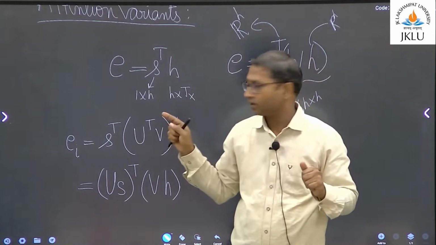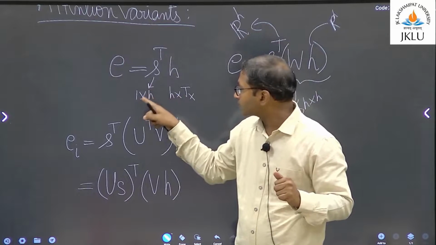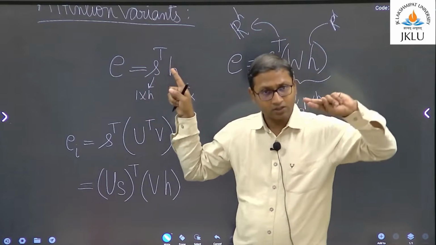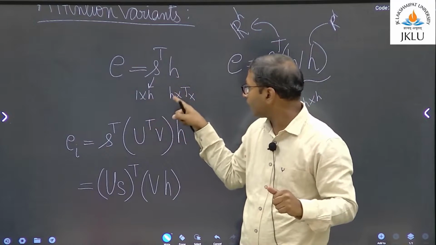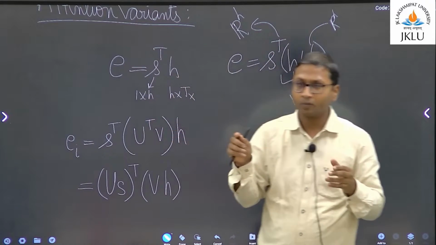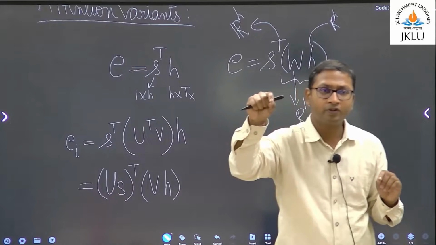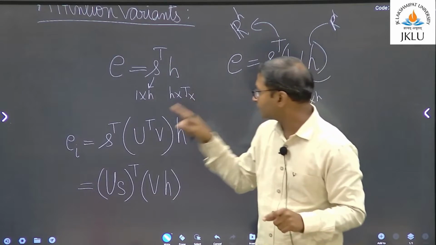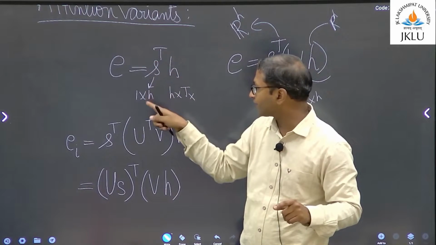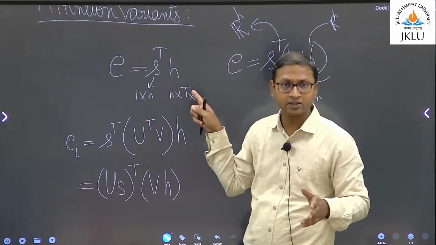Now, 1 cross H, this becomes 1 cross H because of the transpose, otherwise this was H cross 1. Now, why H cross Tx? Because I have Tx vectors of size H. So, this makes sense. This multiplication will give me a vector of size 1 cross Tx.